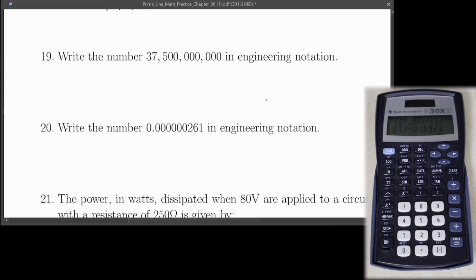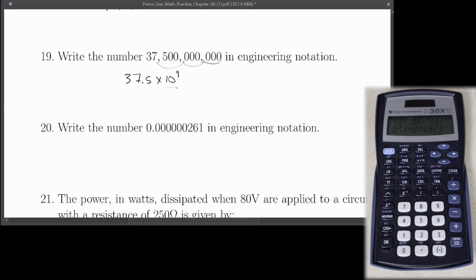Engineering notation. With engineering notation, we want the times 10 to be in powers of 3, multiples of 3. So in this case, we are going to go 37, because that's our 1, 2 groups of 3, times, we missed our 0.5. 37.5 times 10 to the 3rd power.